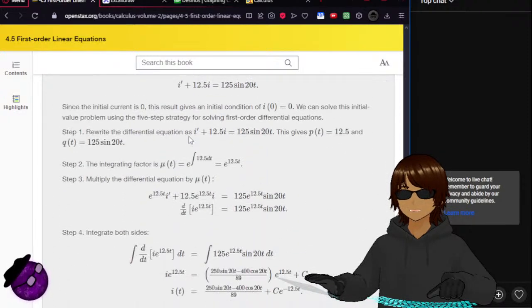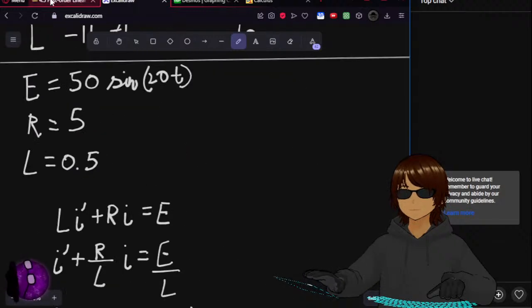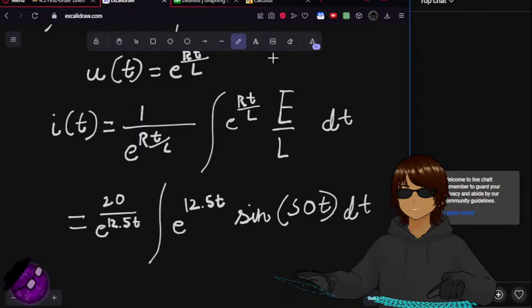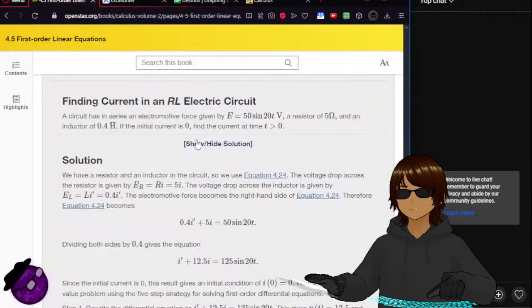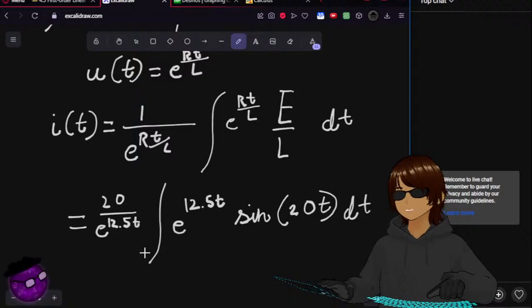Oops, it's 50. Where did the 50 go? I mixed up 50 and 20. No, wait. I did not mix it up. It's 20 over here and 20 over here because 50 times 0.4 is 20.